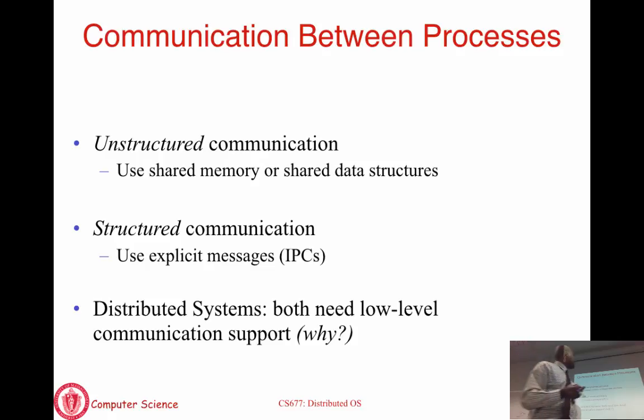That is referred to as structured communication, which is explicit message passing, also called IPC, inter-process communication. Distributed systems will use both, but we are mostly going to focus on structured communication in this chapter. When we talk about some other things, we might come back to unstructured communication, but right now we are going to look at structured communication.